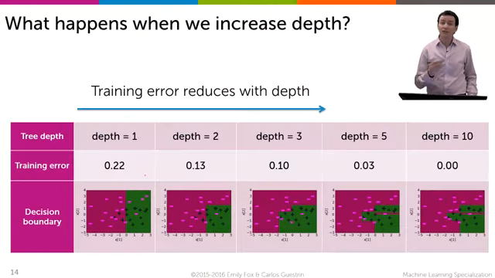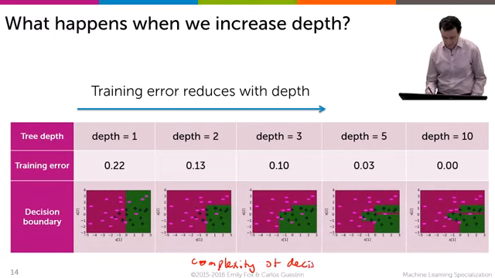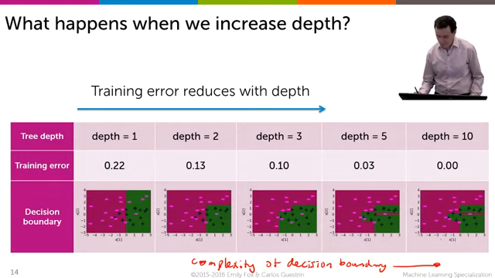And so that's a very simple decision boundary with just a depth 1 decision tree, or a decision stump. But as we increase the depth, that situation becomes more and more complex. The decision boundaries become more and more complex. So you can see, as you increase the depth, you increase the complexity of the decision boundaries, until we end up with a super crazy one here where the depth is 10.